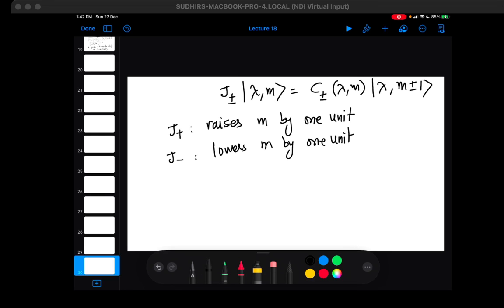Now for a given λ, say for a given J square eigenvalue, which is λ, m is bounded. So the eigenvalues are bounded.